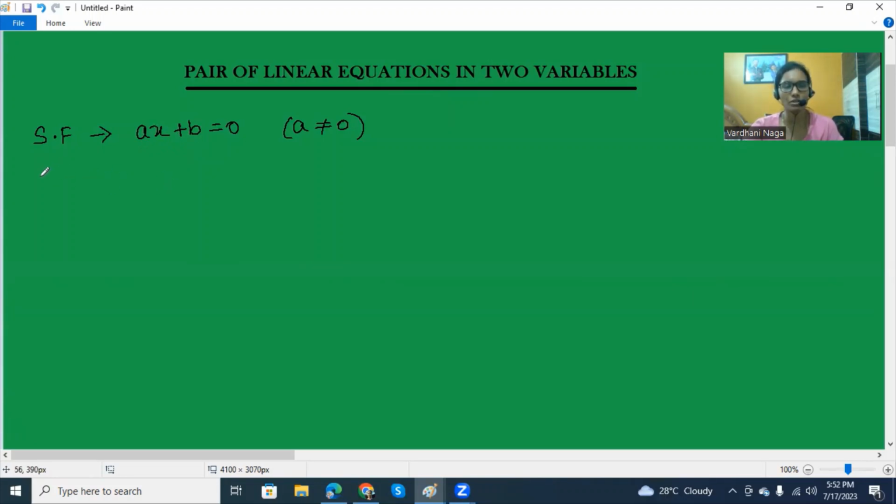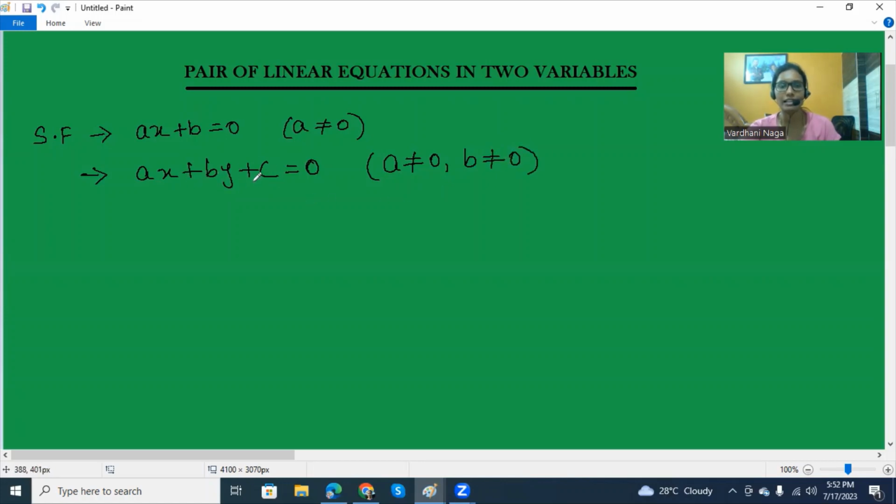Suppose we want to write a standard form for the linear equation in two variables. So what I can write: ax plus by plus c is equal to 0. Here a, b, c belong to real numbers, and a should not be equal to 0, b should not be equal to 0.